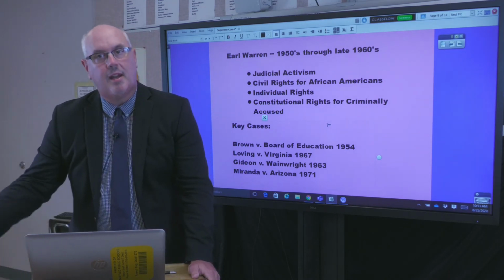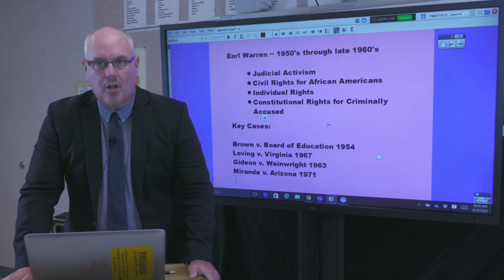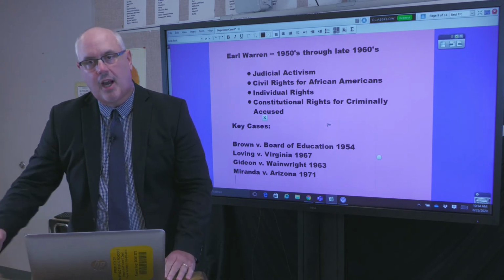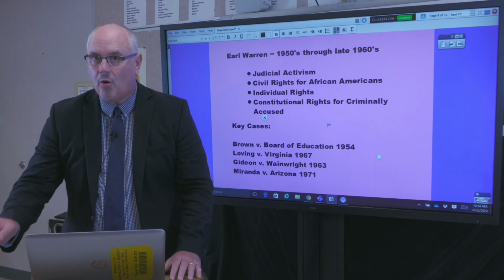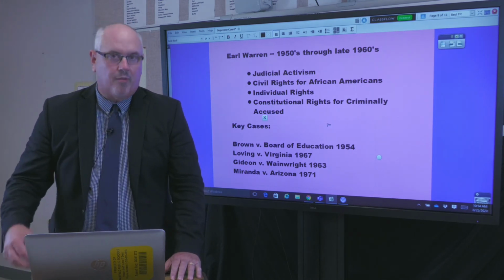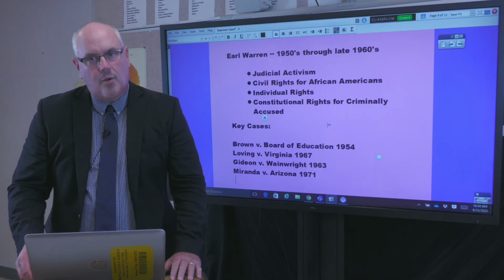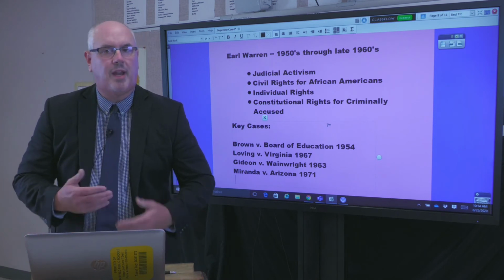That was the so-called separate but equal ruling, that as long as facilities like streetcars and public places were equal, there would be no violation of the 14th Amendment. And that would be more of a judicial restraint decision. And so by the time of the 1950s, however, the social climate has changed. We have the civil rights movement.